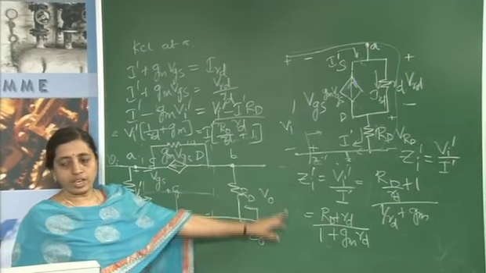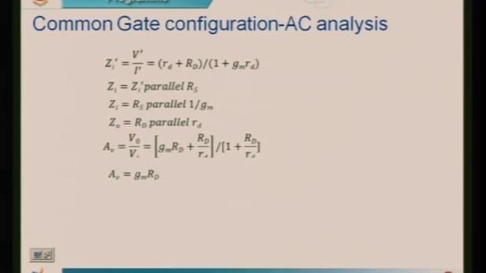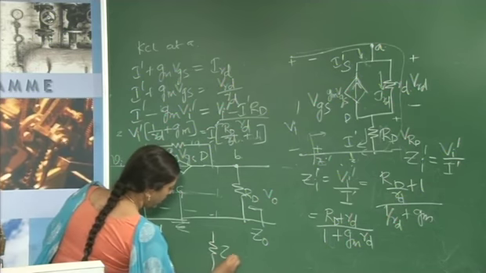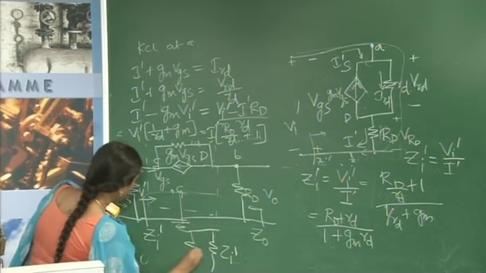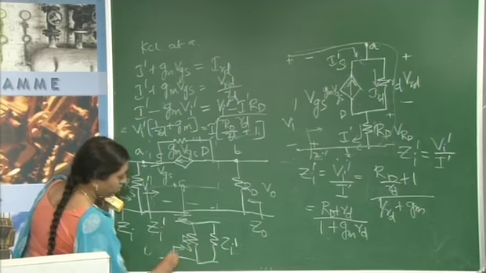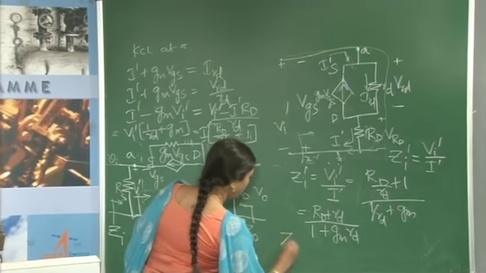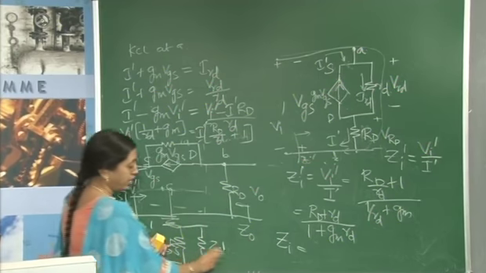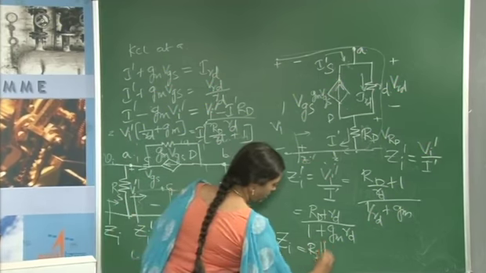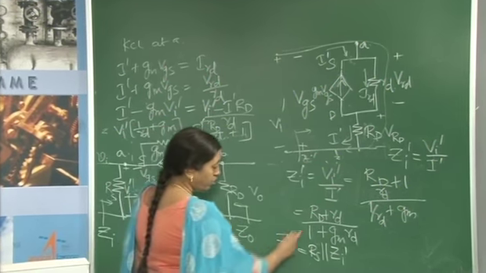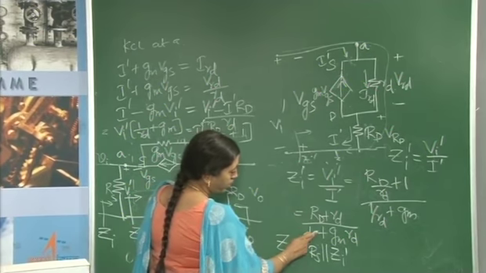Zi dash. Now, to find out Zi, we will have to replace this part of the circuit by Zi dash. Across Zi dash, we are having RS. Now, total input impedance will be nothing but the parallel combination of RS and Zi dash. So, RS parallel with Zi dash. So, we know what is the equation for Zi dash.